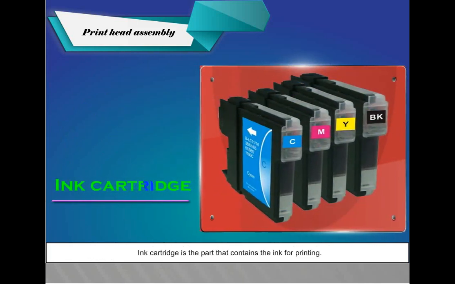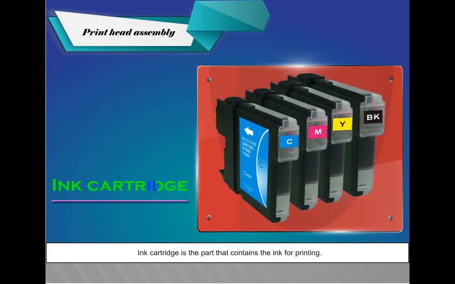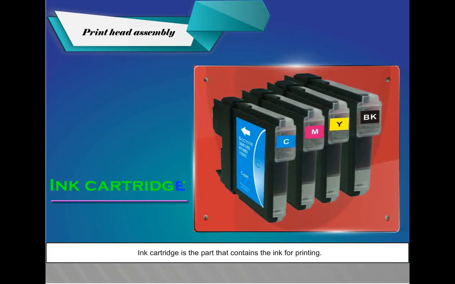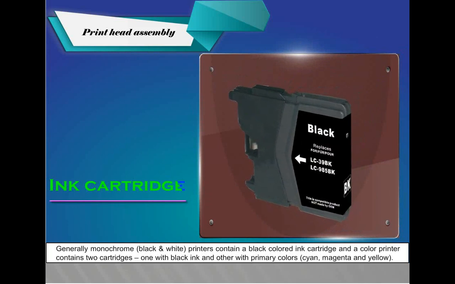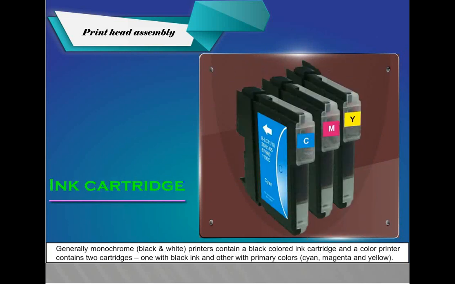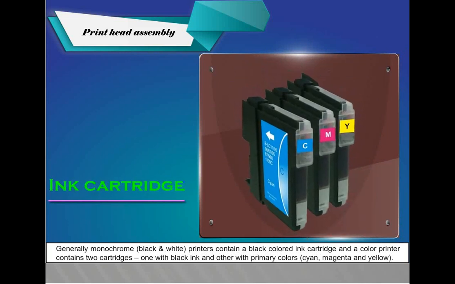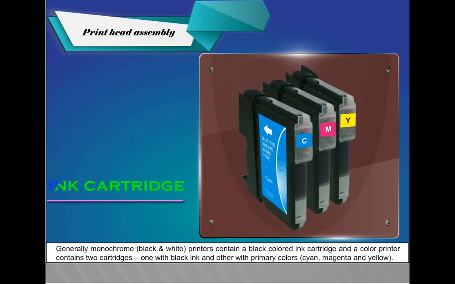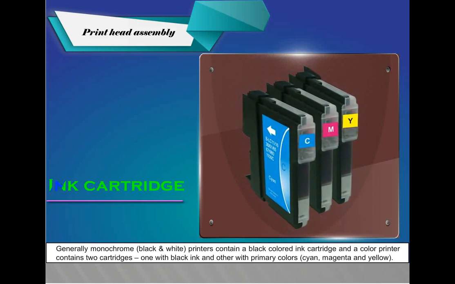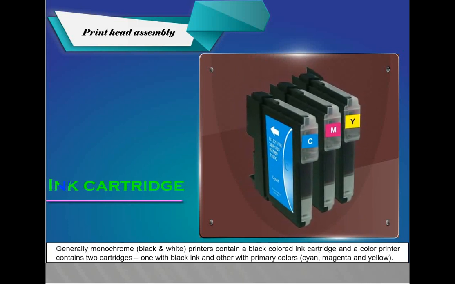Ink cartridge. Ink cartridge is the part that contains the ink for printing. Generally, monochrome, that is black and white, printers contain a black colored ink cartridge, and a color printer contains two cartridges, one with black ink and the other with primary colors, that is cyan, magenta and yellow.